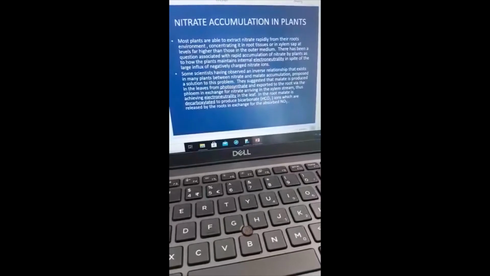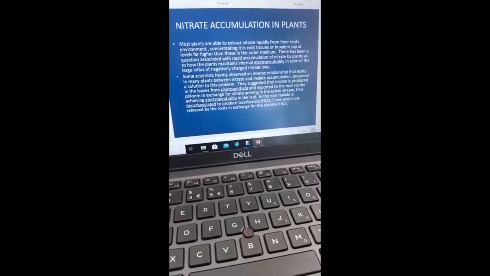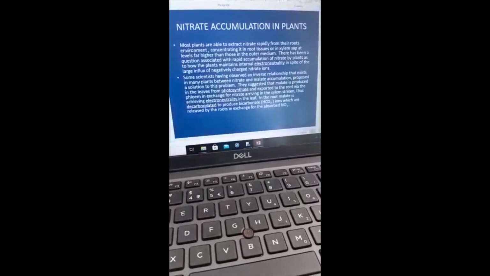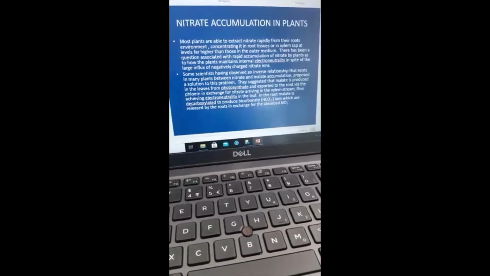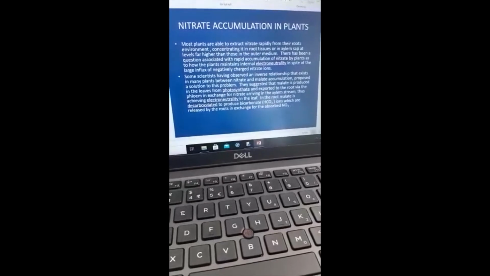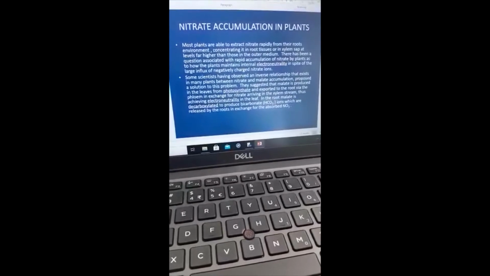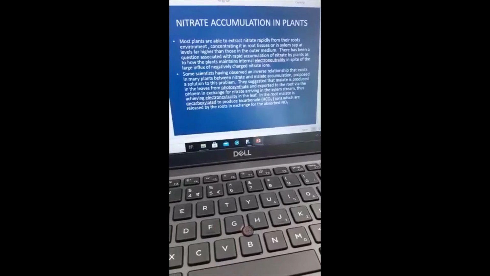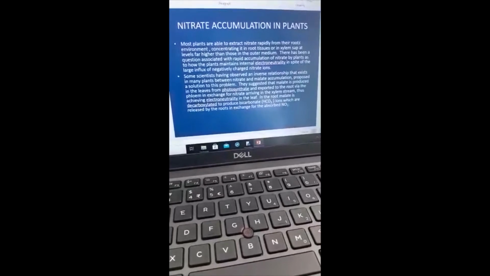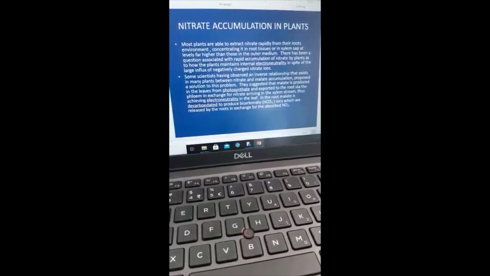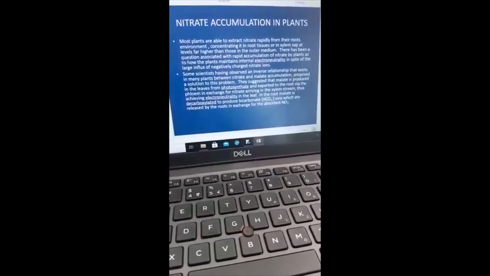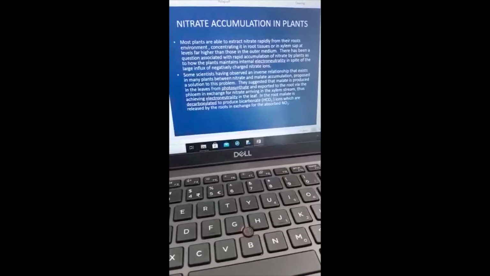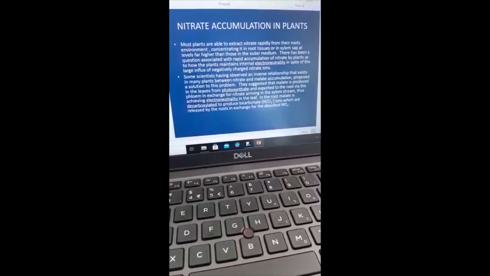Now, remember, nitrate is a negatively charged ion. So some people once came up with a question as to, when the plant keeps on absorbing a negatively charged nitrate, doesn't this affect the electroneutrality within the tissues of the plant?